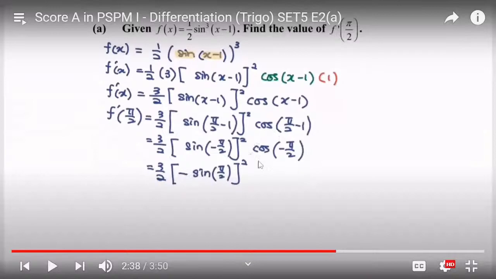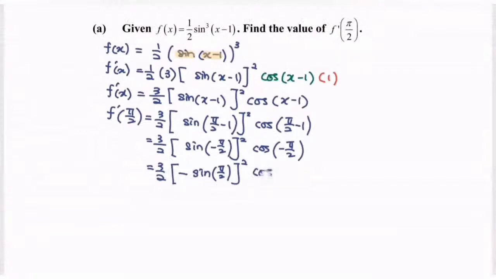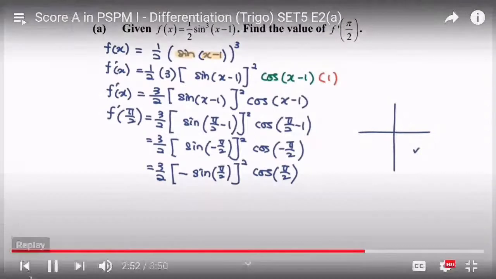Cos negative pi over 2. The situation become cos pi over 2. Highly refers to the situation in the fourth quadrant negative pi over 2. So for this part, cos is positive. That's why.